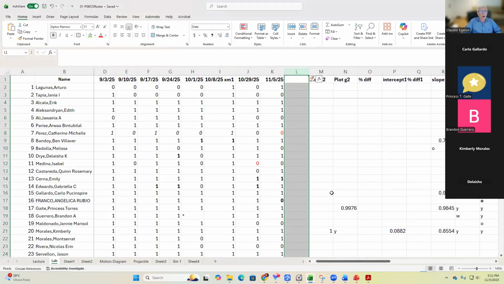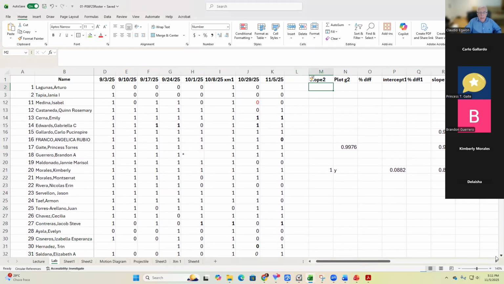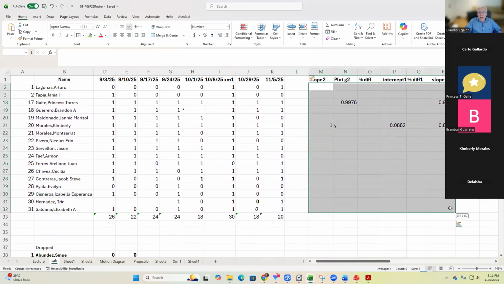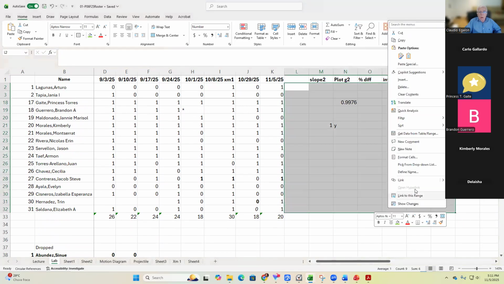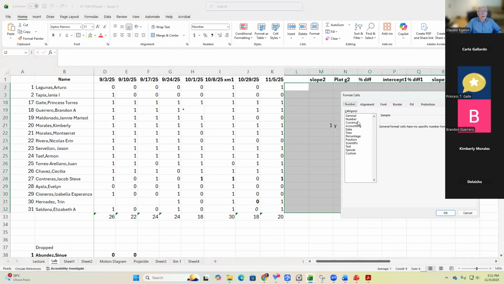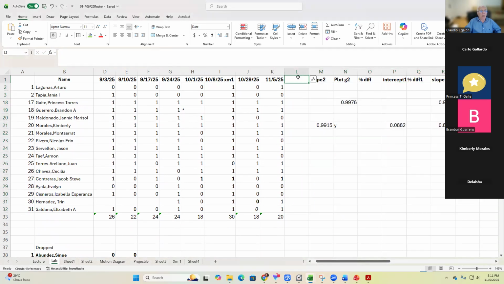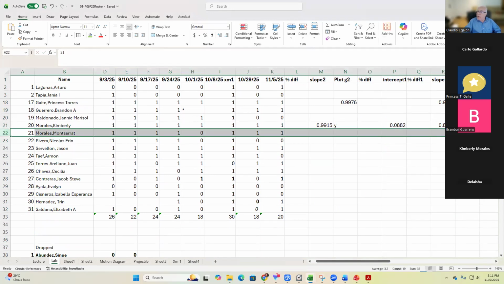So go ahead, log those values in the last table, number 4. Okay, percentage difference. And now we can talk to Montserrat.